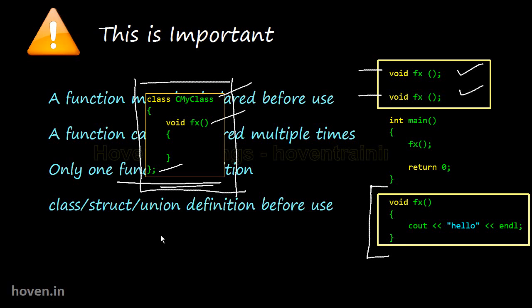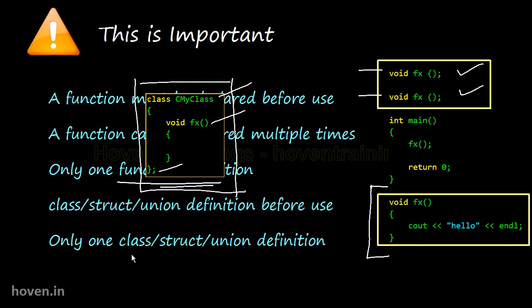On the same pattern, the definition of a class has to appear before objects of that class are created. There can be only one definition of a class. More than one definition will cause an error.